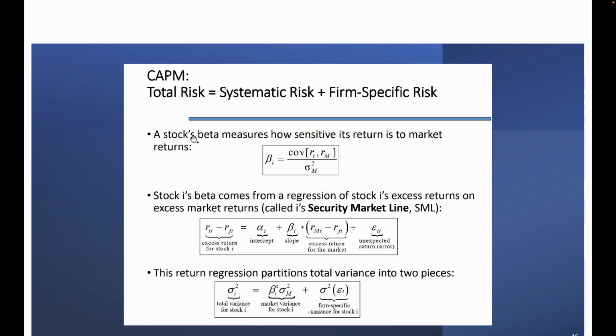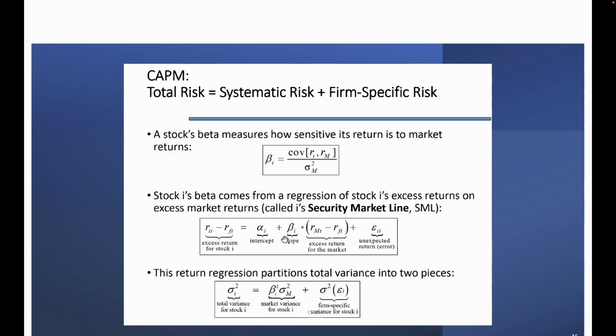And you compute systematic risk by getting the beta, so you would have to run a regression to compute that, or you use sample means, but it's the same as regression. And the regression is kind of the one-factor model we talked about on the previous slide.